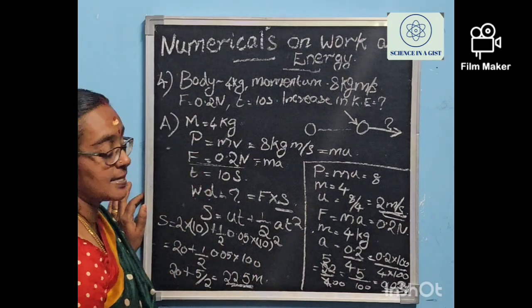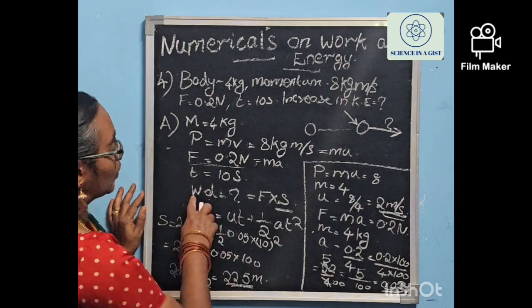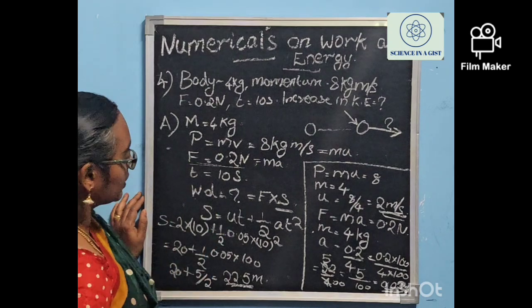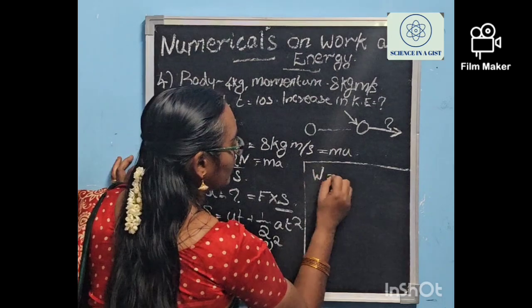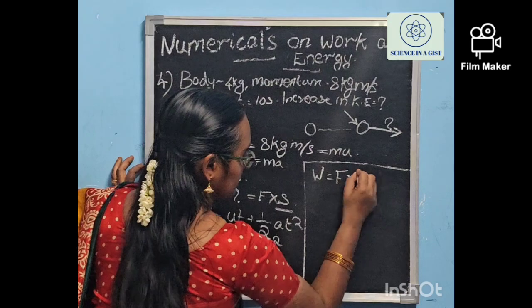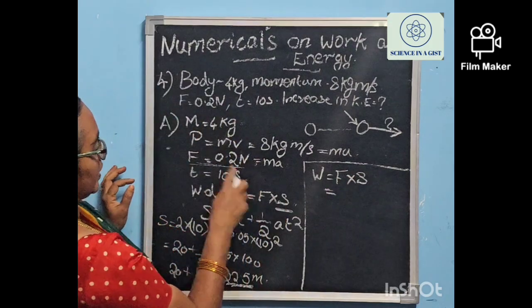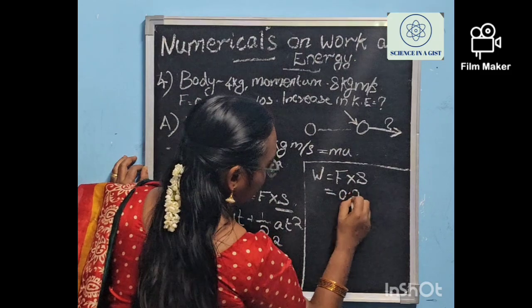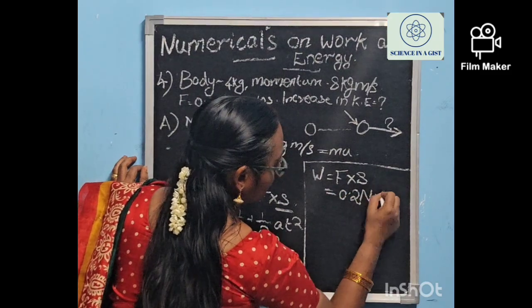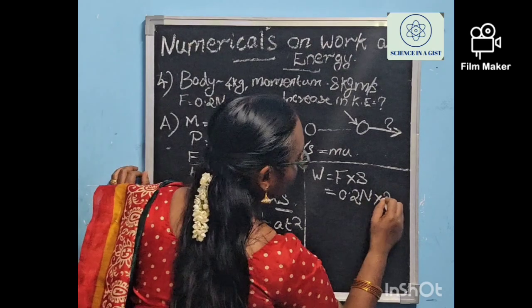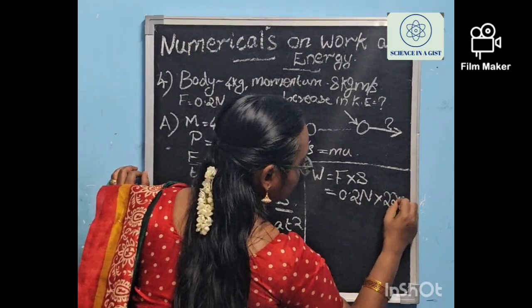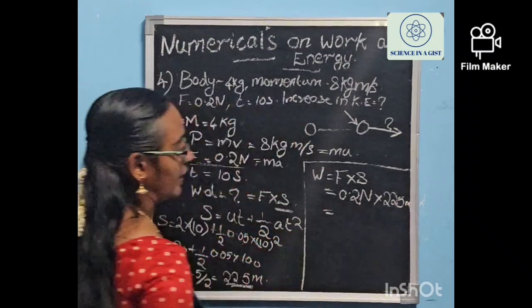So we found S. Now what is the next step? We have to find work done. How can we find out work done? F into S. W is equal to F cross S, is equal to, what is F over here? 0.2 Newton into 22.5 meter. What is the value which you are getting?